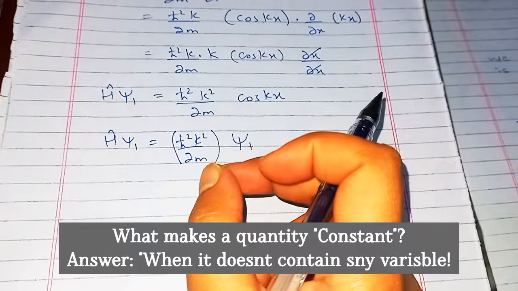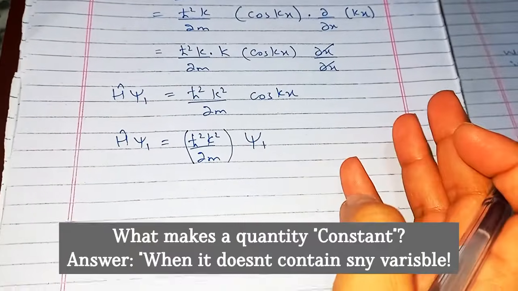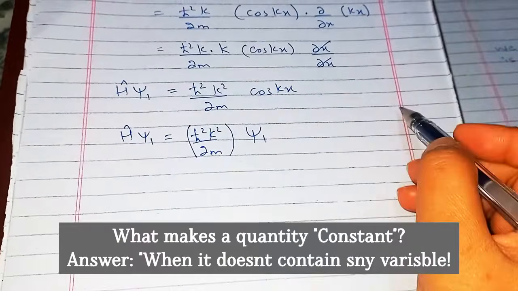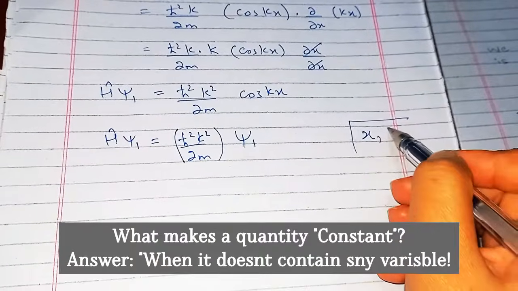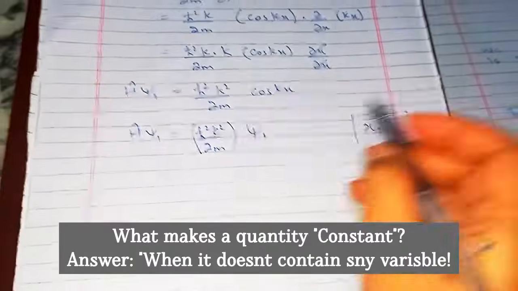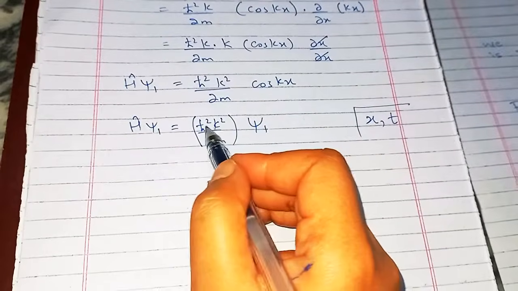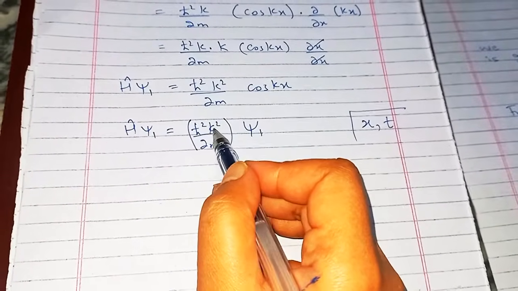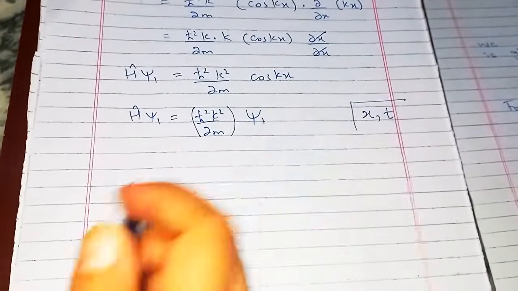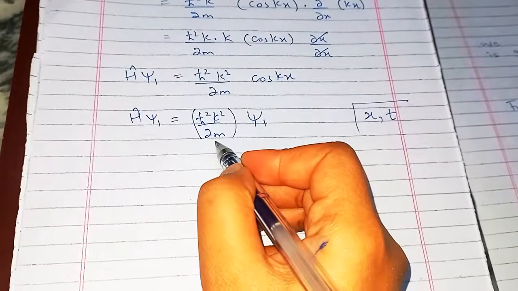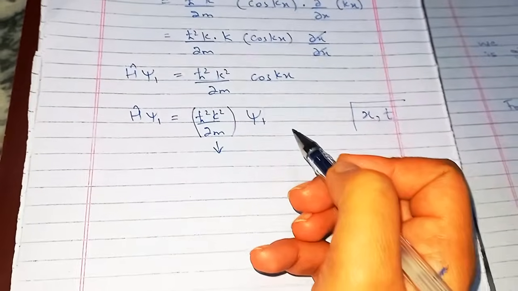What makes a quantity not constant is when it has some variable. It doesn't contain x, it doesn't contain t. So we can see that they are all constants. H cut is constant, k is constant, 2 is constant, m is constant. So it's a constant times psi 1, and this is actually the energy eigenvalue.